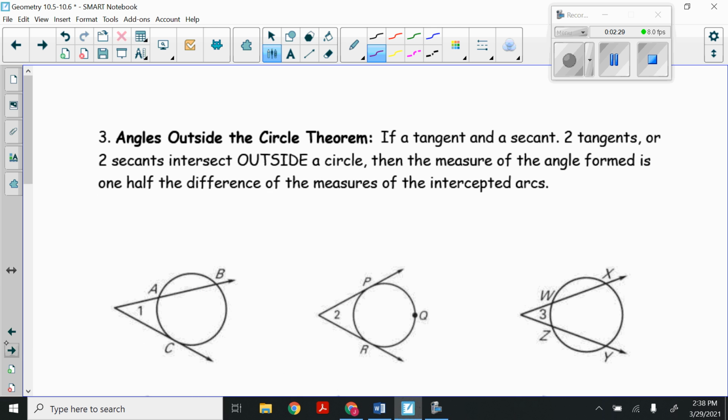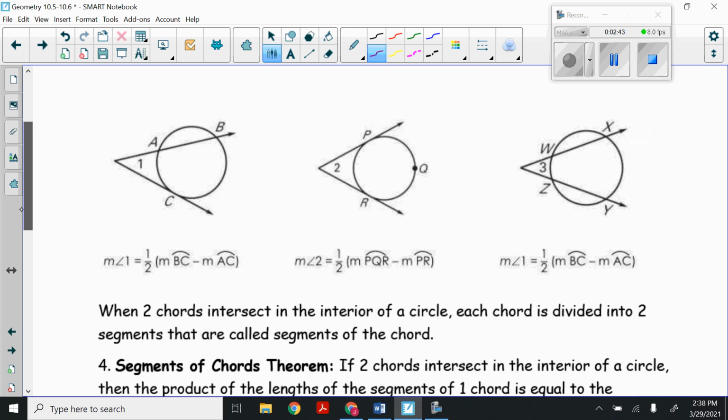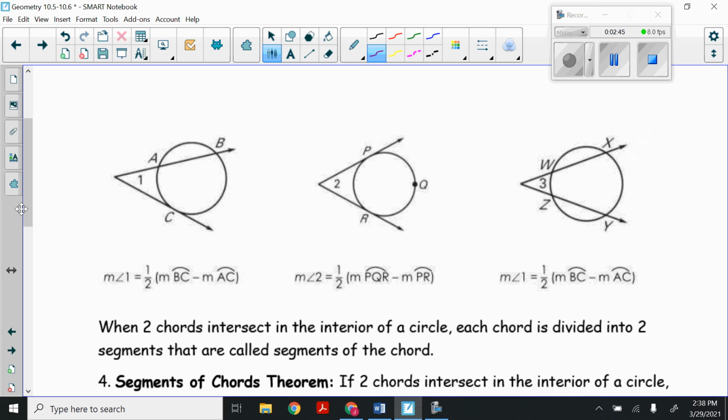Angles outside the circle theorem. If a tangent and a secant, two tangents, or two secants intersect outside a circle, the measure of the angle formed is half the difference of the measures of the intercepted arcs. And again, it can look three different ways. Here's my tangent and my secant.